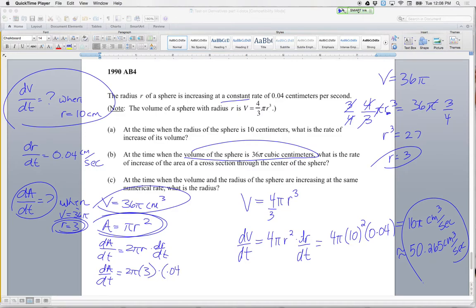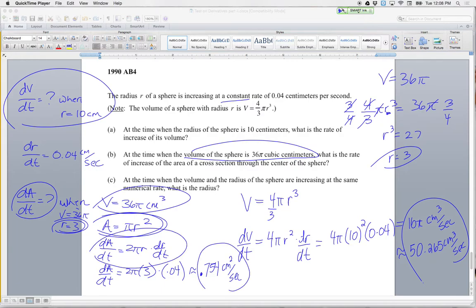We already knew that. If I multiply that out, I think it's 0.24 pi. But what is 0.24 pi? 0.754. What's the units? Centimeters squared per second.